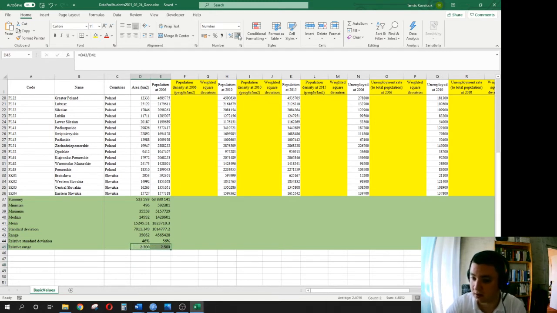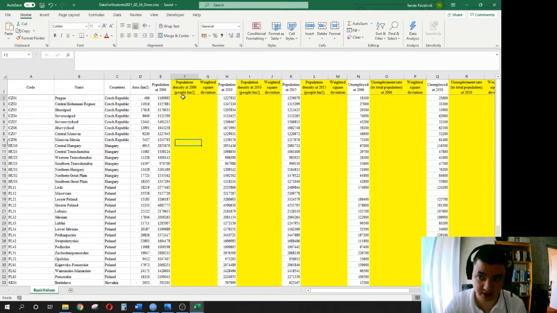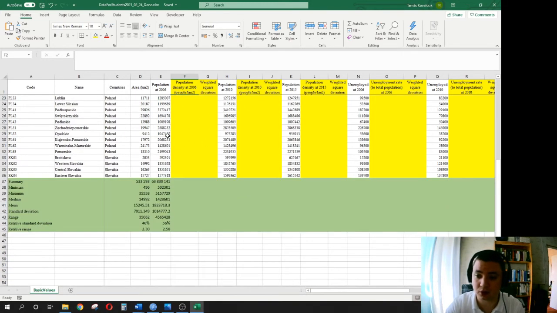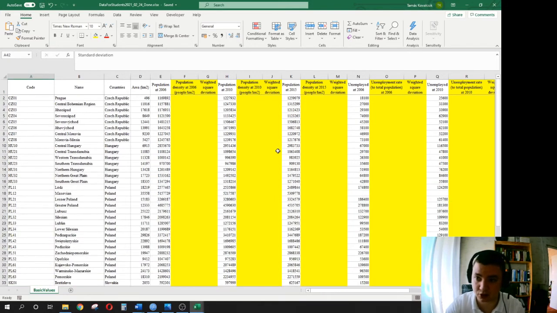Okay, but this is for the absolute indicators. That's simple, the calculation of the relative standard deviation and the relative range. But for the relative indicators, for example, population density in 2006, we have very different formulas, for example, for the mean and the standard deviation.